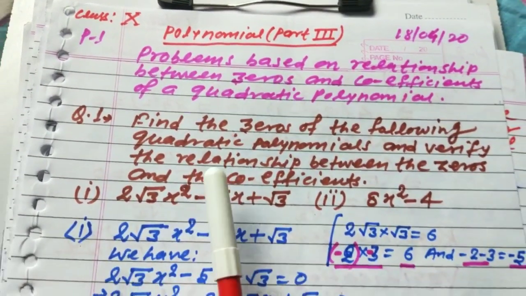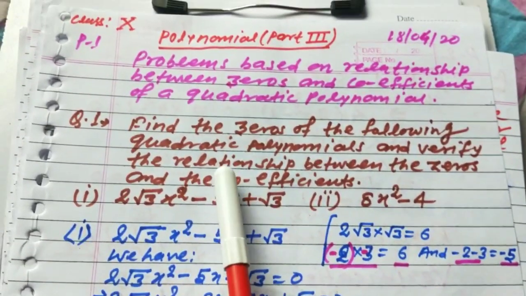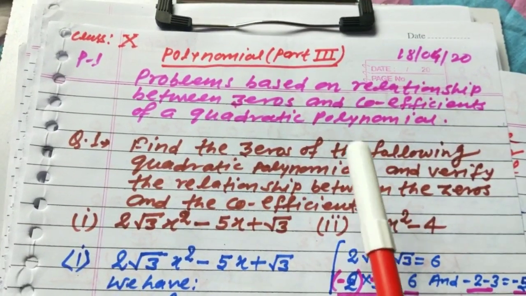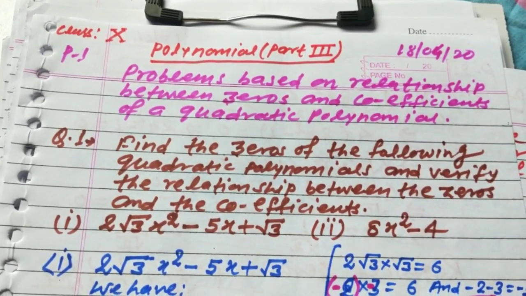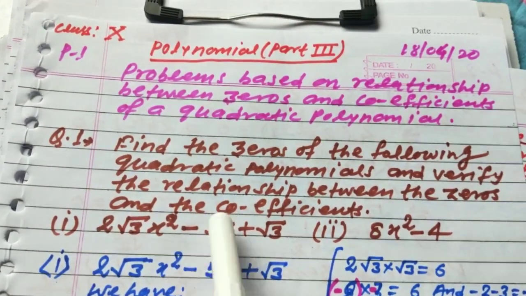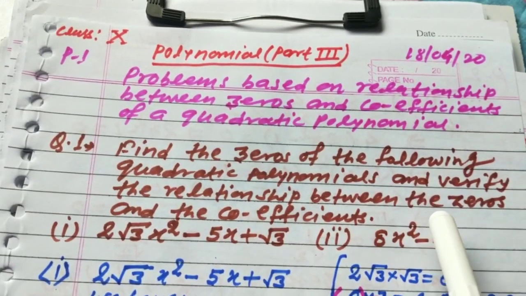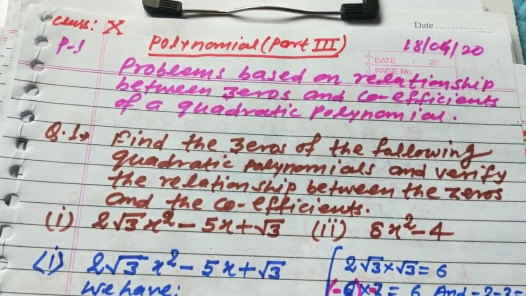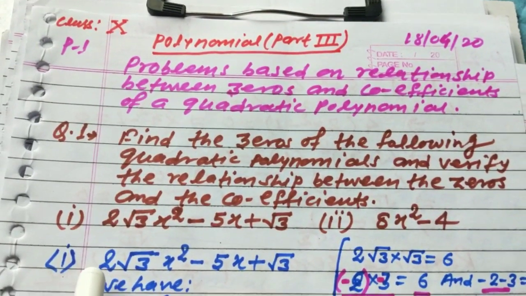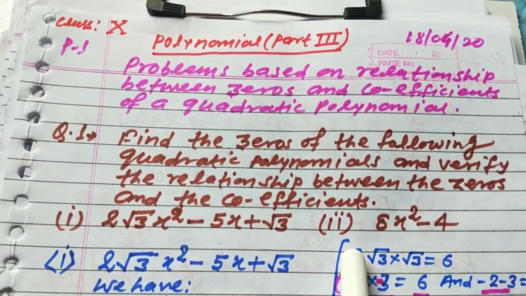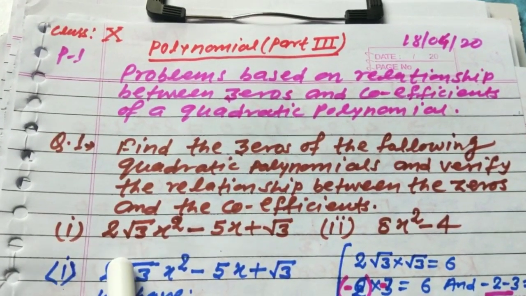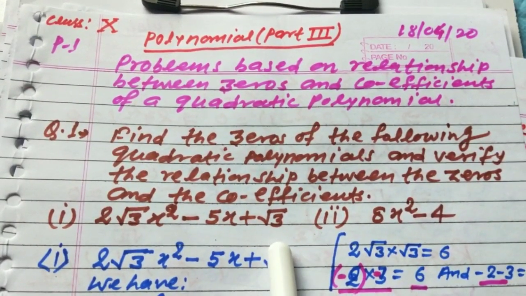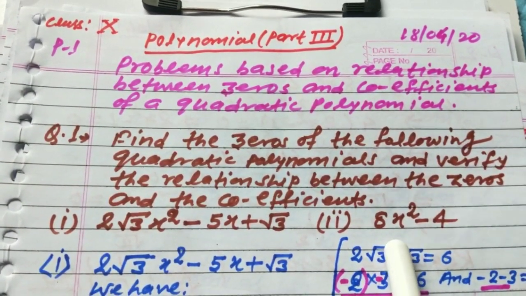We have to find the zeros of the given quadratic polynomial, and then verify the relationship between the zeros and the coefficients. Two problems are there. The first one is 2√3x² - 5x + √3, and the second one is 8x² - 4.